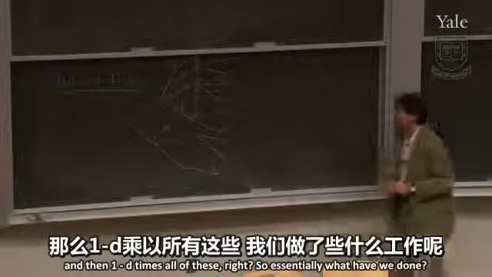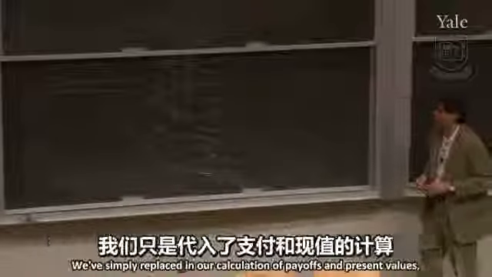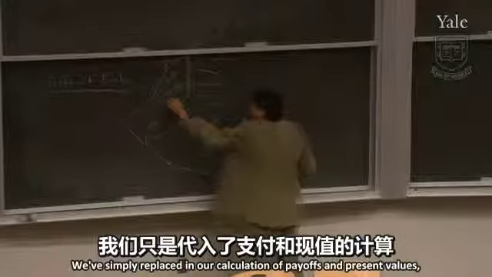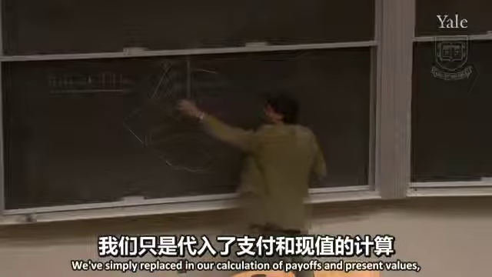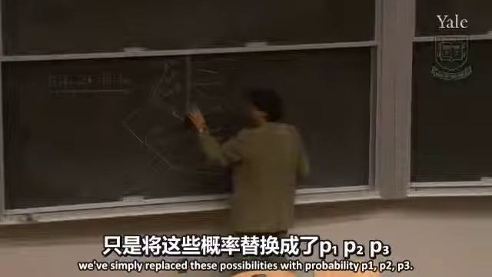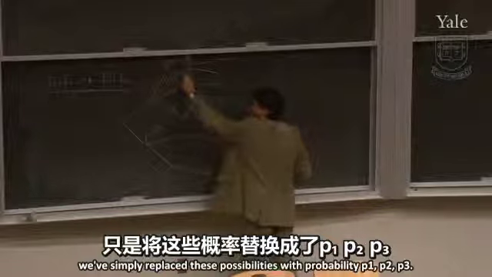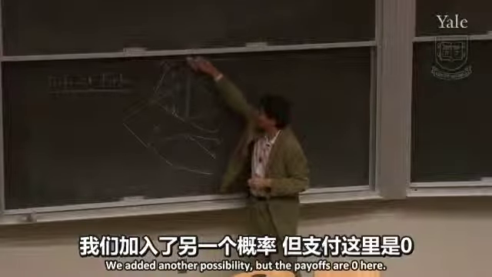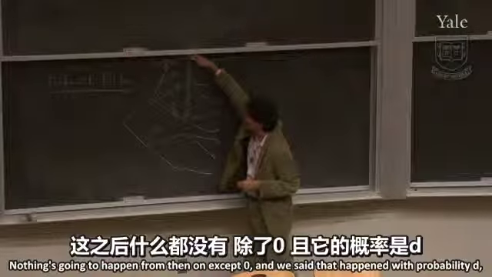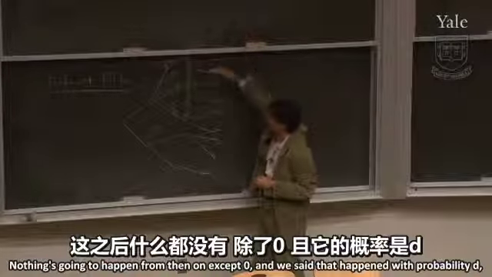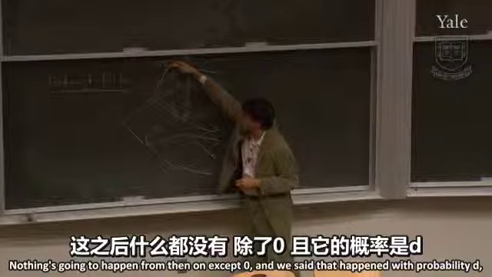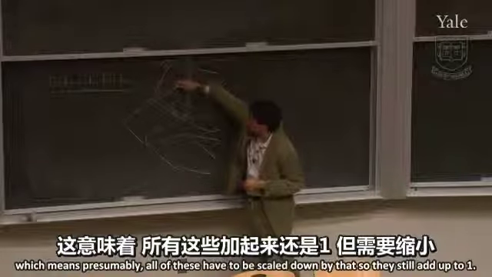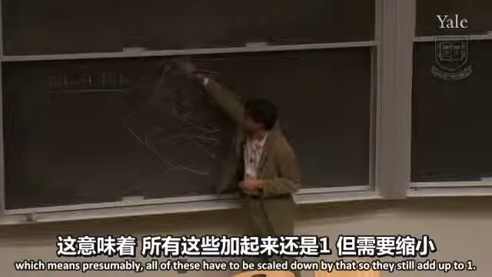So essentially, what have we done? In our calculation of payoffs and present values, we've simply replaced these possibilities with probability P1, P2, P3. We added another possibility, but the payoffs are 0 here. Nothing's going to happen from then on except 0. And we said that happened with probability D, which means presumably all of these have to be scaled down by that, so they still add up to 1.